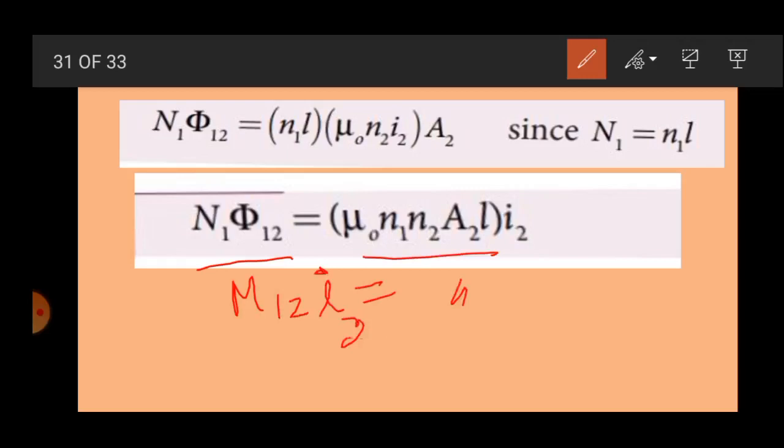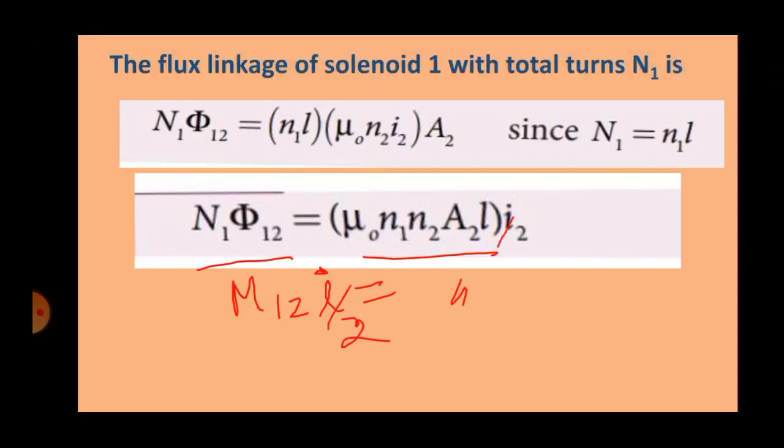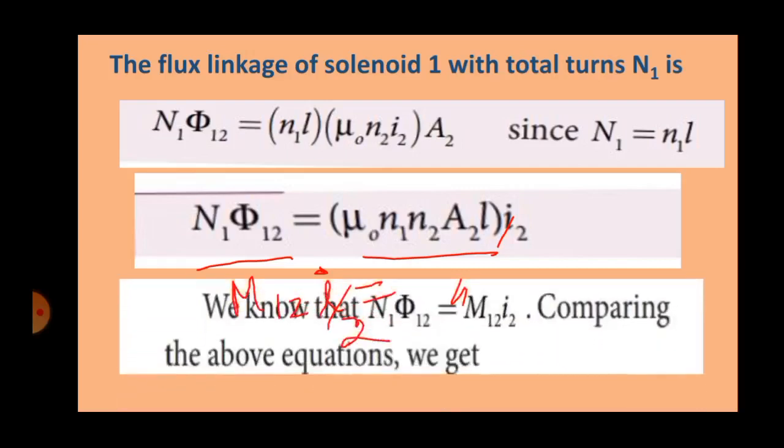Now I2 is cancelled. Therefore, the mutual inductance of solenoid 1 due to solenoid 2, M12, is equal to mu naught N1 N2 A2 into L.